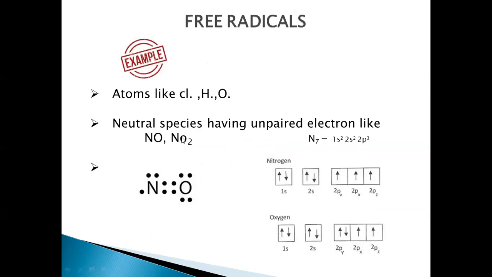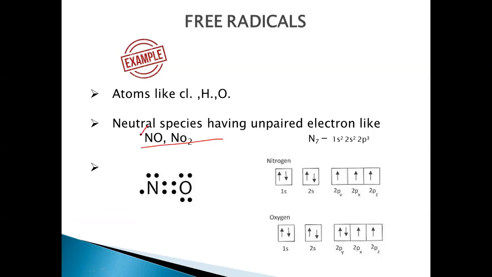When we come to the examples, there are two categories. One is atoms like Cl free radical, H free radical or O free radical, or the neutral species which carry an unpaired electron, like NO and NO2.